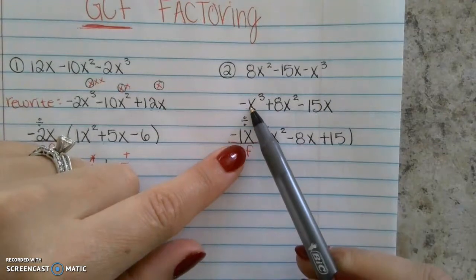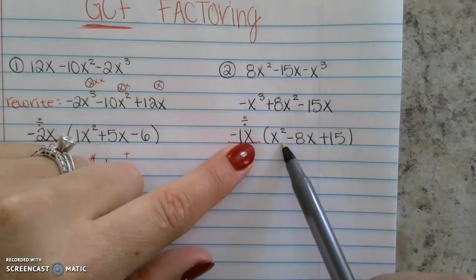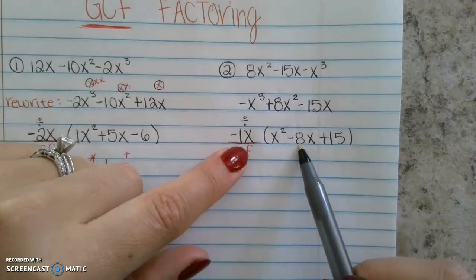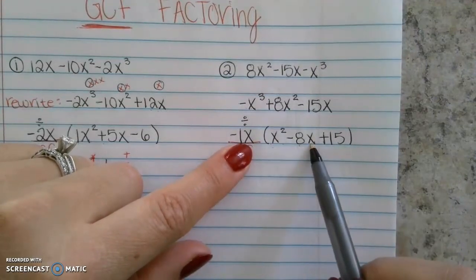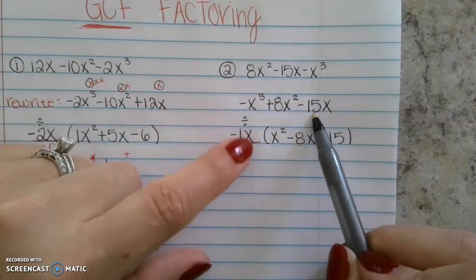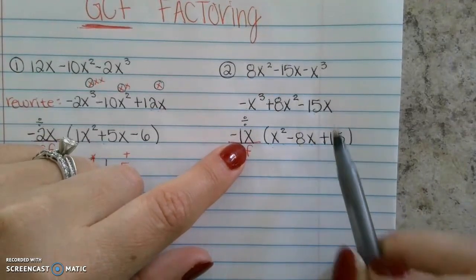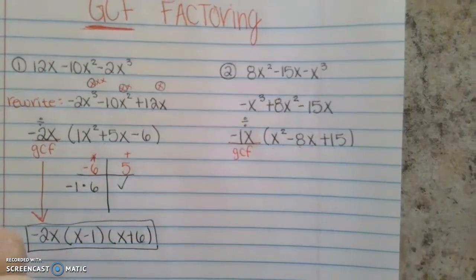So again, divide this out. -1 divided by -1. I took 1x out, so now I only have x squared. 8 divided by -1, now that turns it to a -8. I had 2 x's and I took 1 on the outside, so I have 1 left. -15 divided by -1 gives me a positive 15 now, and that x went on the outside, so I don't have any x left there.